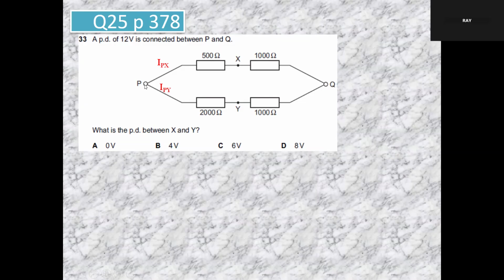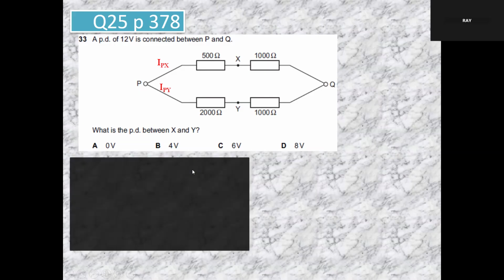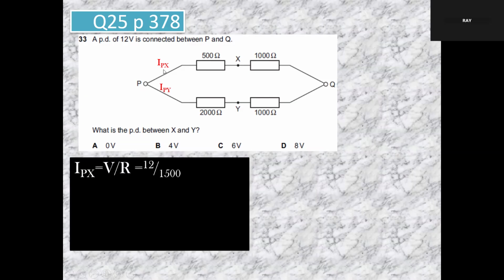You can either calculate the potential difference across this one and the potential difference across this one and then subtract to get that, or calculate the potential across here and the potential difference across here. 12 volt between PQ.